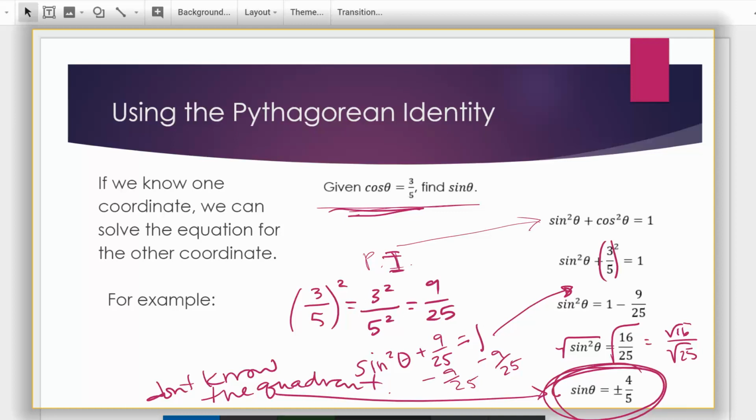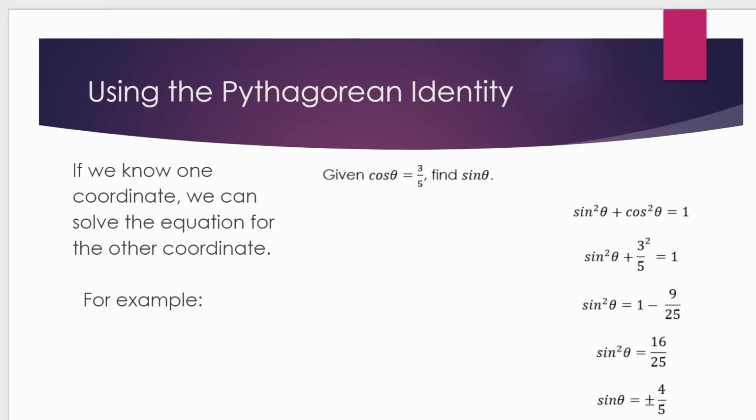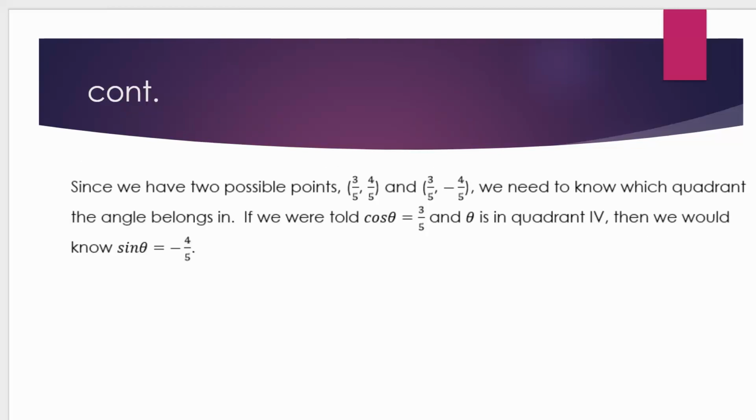But if you know what quadrant you're in, then you can find whether the sine value is going to be positive or negative. So let's look at that. We are given this here. Now we are going to see that if we're in a certain quadrant, we can determine the actual value of sine.